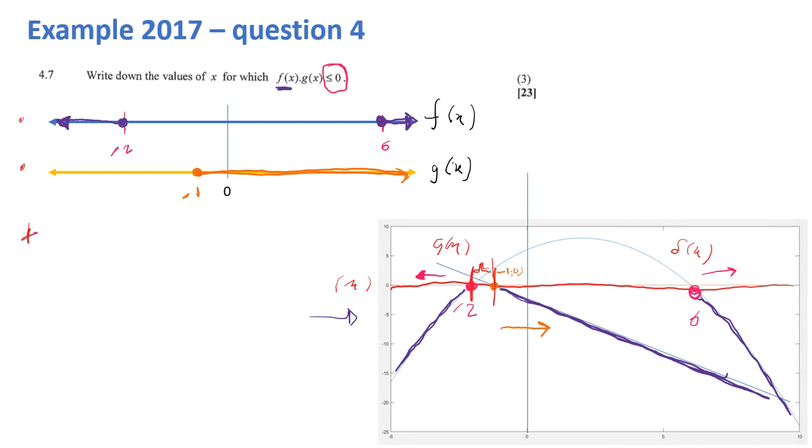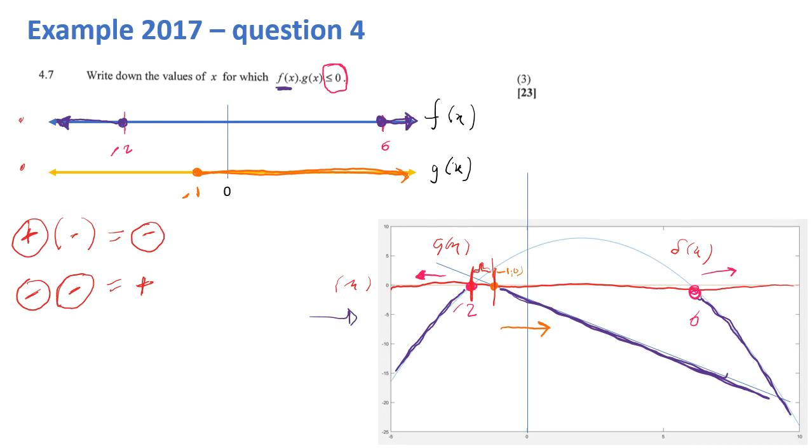A positive function value multiplied by a negative function value gives a negative function value. But a negative function value multiplied by a negative function value gives a positive function value.